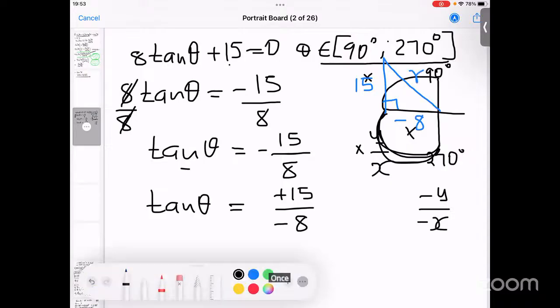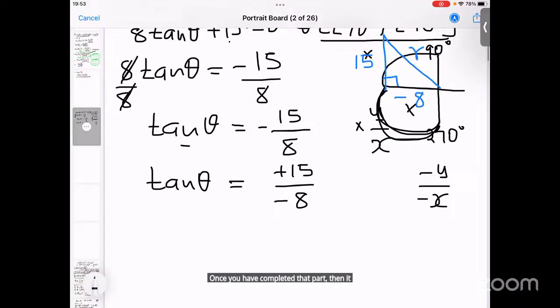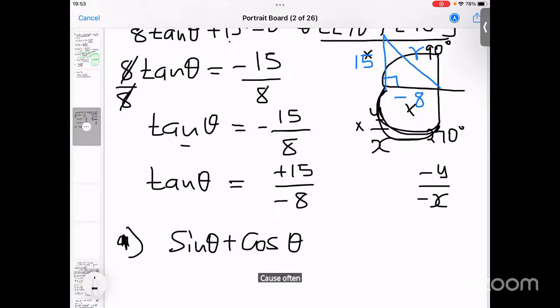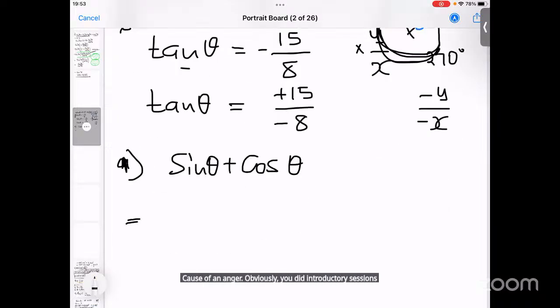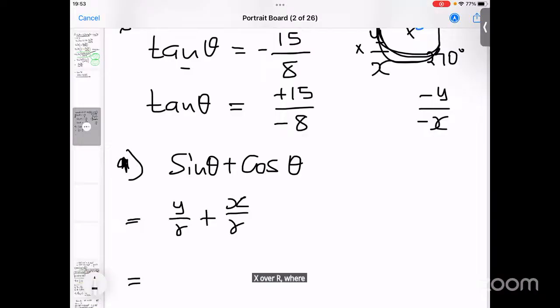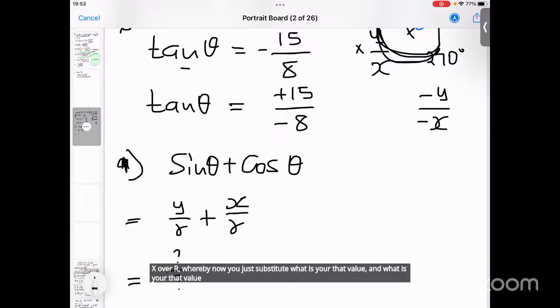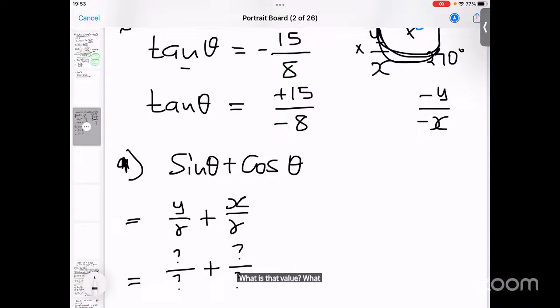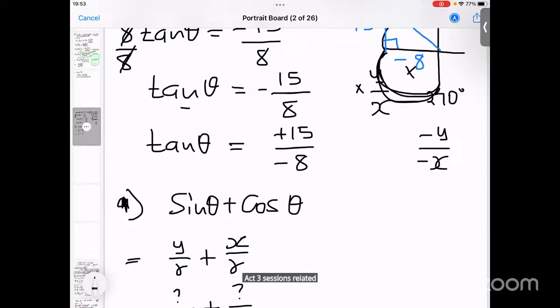Once you have completed that part, you can start answering the questions, where the first question wants you to work out sine of an angle plus cos of an angle. Obviously, you did the introductory sessions, and we know that sine of an angle is y over r, that you add to x over r, where you just substitute the values and deal with it the same way we did in the introductory sessions related to fractions.